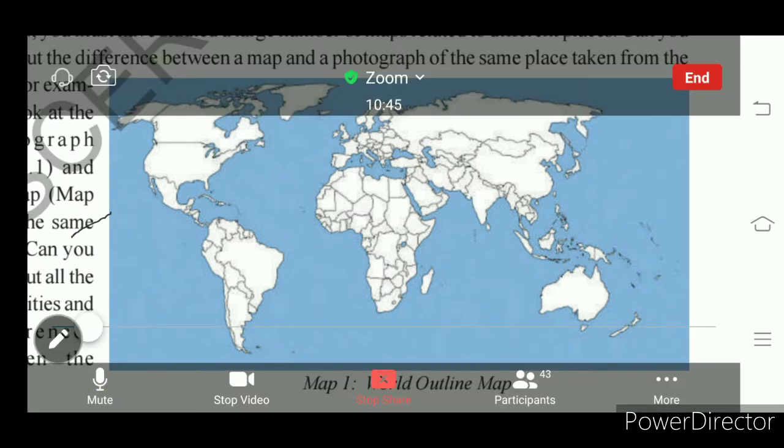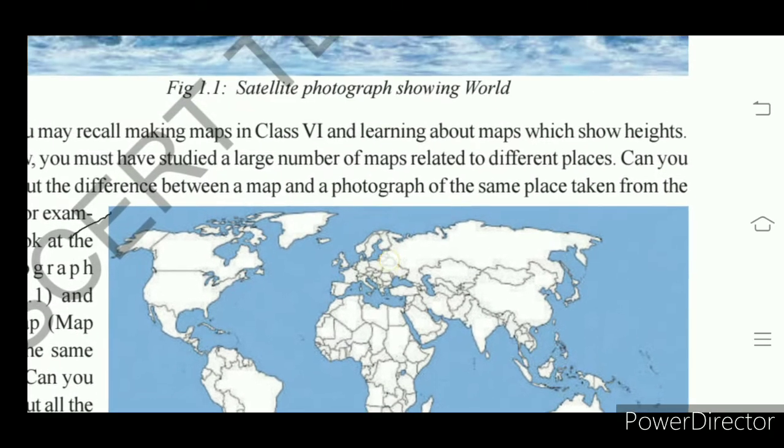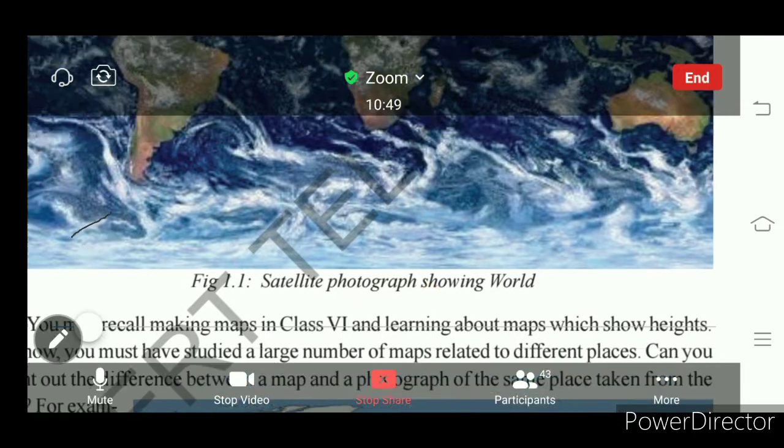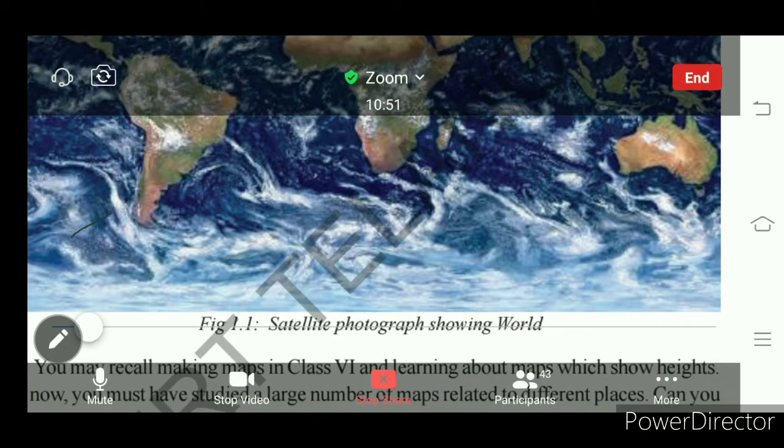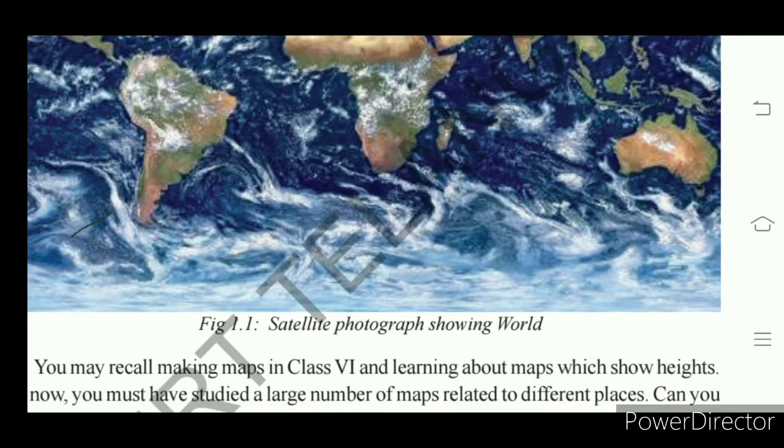Countries are not shown in a photograph. So what is the difference between photograph and a map? A map shows the things which are important for us. A photograph shows the real things that are there on the place.